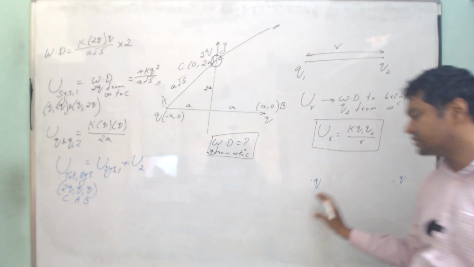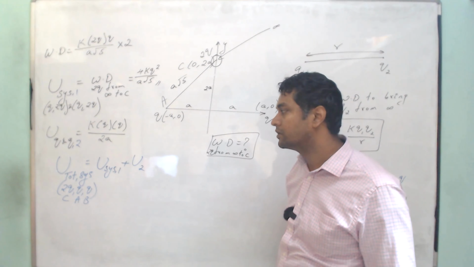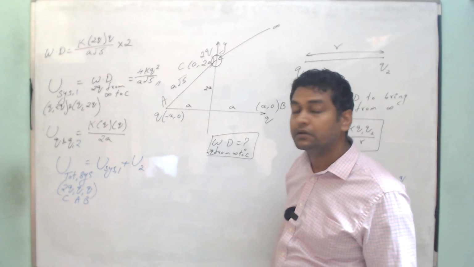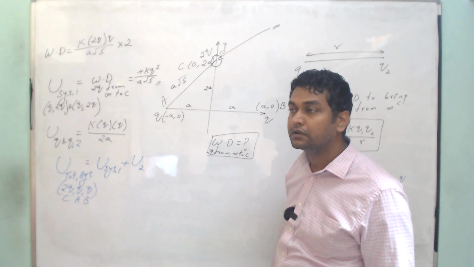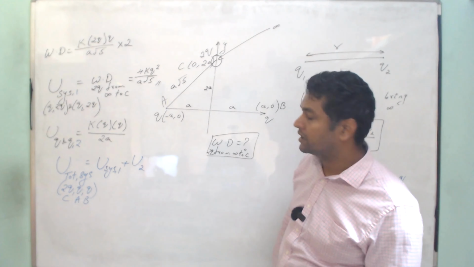But when I already have one point charge and now I am bringing another point charge, then these two will have a potential energy of themselves. Then I bring a third point charge, and then these two and these two will have a potential energy. Basically, the point charge at A is at rest.